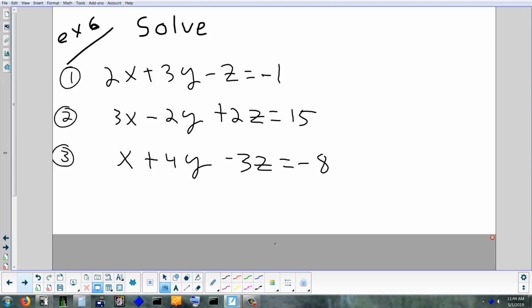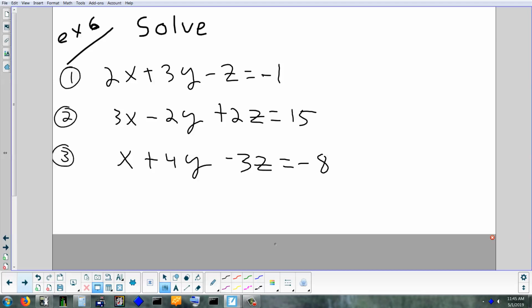X is already by itself. So what letter? Yeah? If you pick the wrong letter, I will correct you, because I don't want to do this a certain way. You could do Z, it wouldn't be that bad.